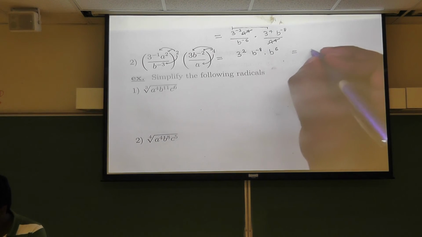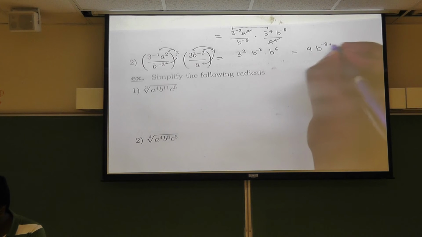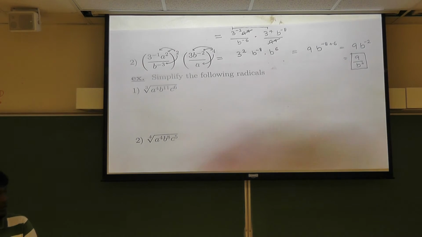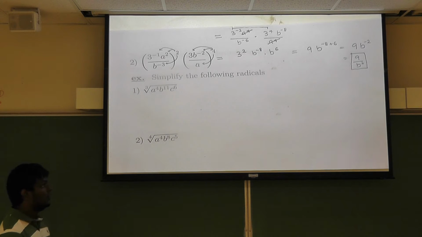So that would be 9 b to the negative 8 plus 6, that is 9b to the negative 2, or 9 over b squared, because the question asked you to keep all the exponents positive.